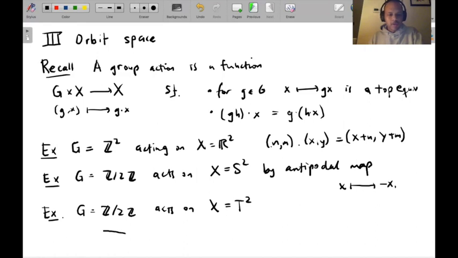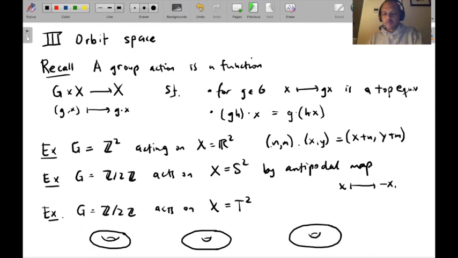I'll draw them as pictures. Let me draw three tori here. So I want actions by a group of order 2. Basically the two things we can do are we can rotate and pick a certain axis of rotation, or we can reflect.